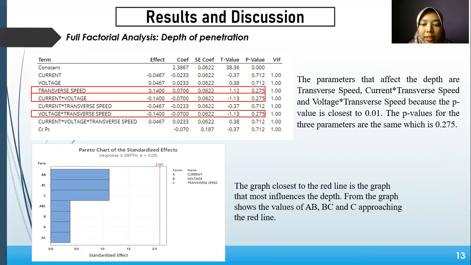In the Pareto chart for depth of penetration, we can see the graph shows the values of AB, BC, and C approaching the red line. So these three interactions of parameters are the parameters that most affect the depth, while the parameters A, B, C, B, A, and AC will give less impact to depth.